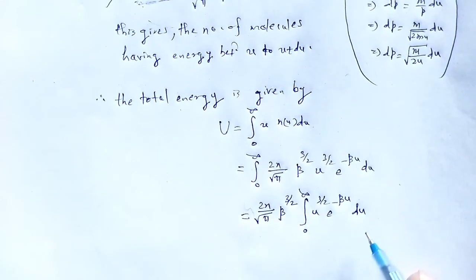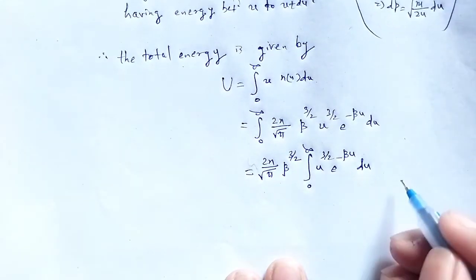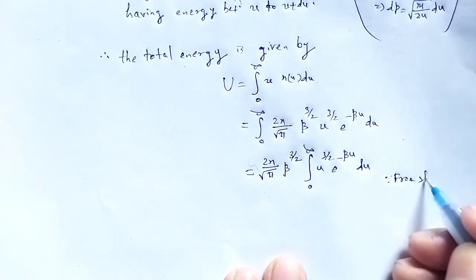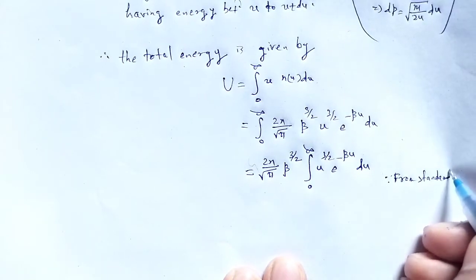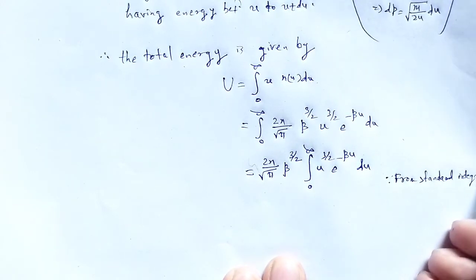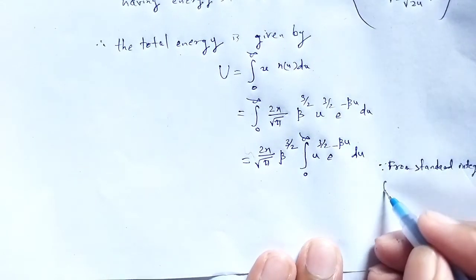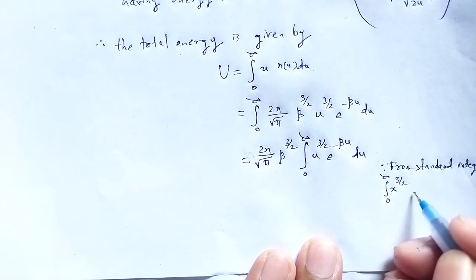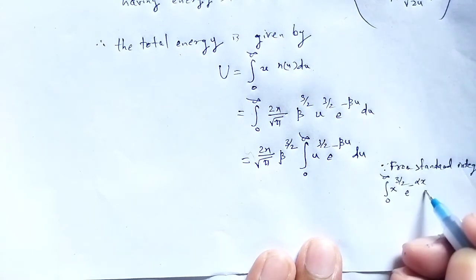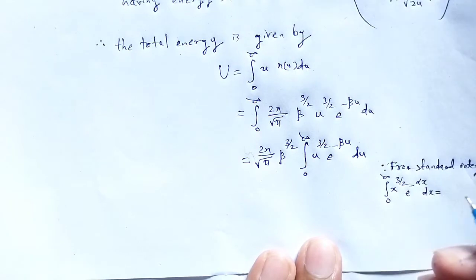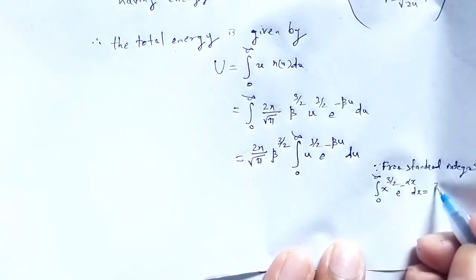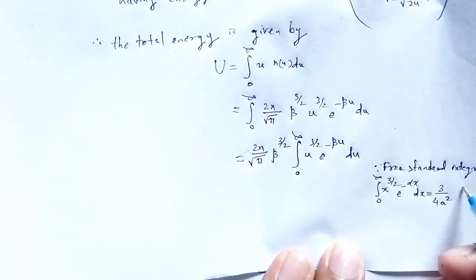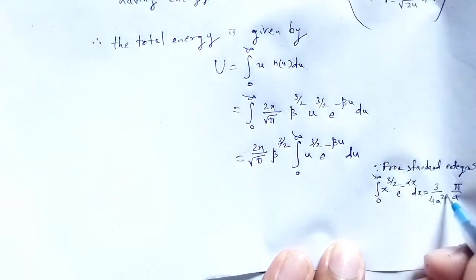This is one kind of standard integral. From standard integration, the integral from 0 to infinity of x to the power 3 by 2 e to the power minus a x dx, that type of integral, the result will be 3 divided by 4 a square under root of pi by a.